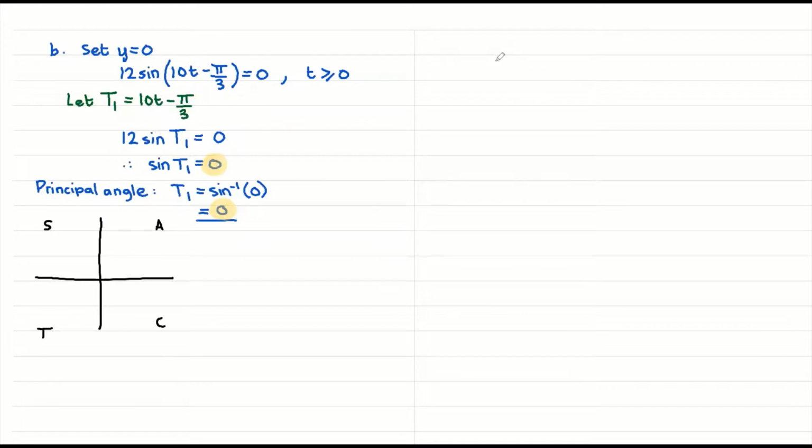So if we add it to the CAST diagram, I'm going to put it in where sine is positive. So if we do that, we're going to have 0 degrees there, or 0 radians, I should say, and 0 radians there. And reading off the values for T1, we'll get the following.